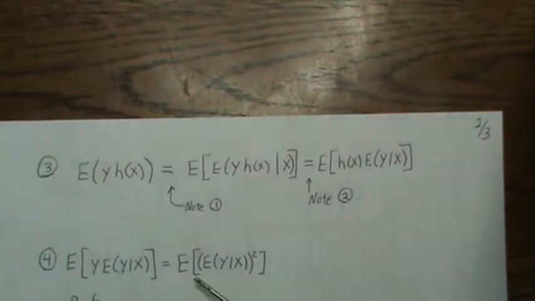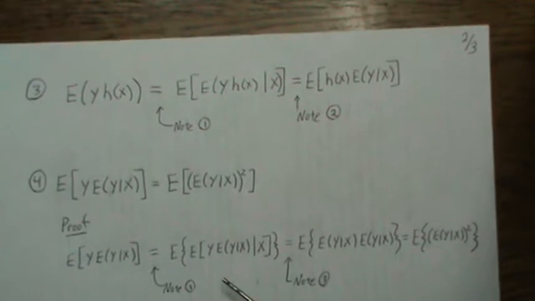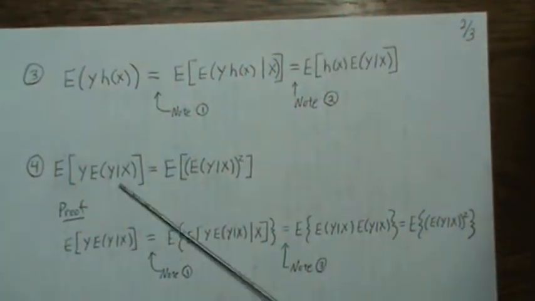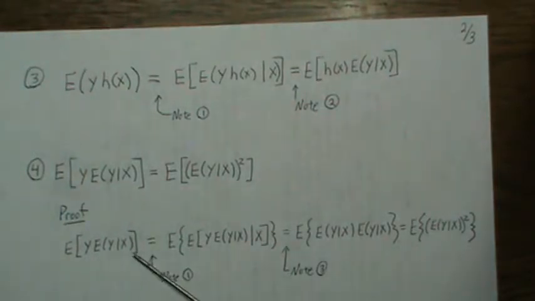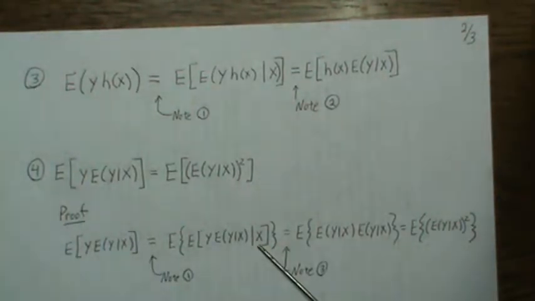And so here we have the expected value of y times the expected value of y given x is equal to the expected value of this quantity squared. So the little proof of that is, we're given this expression, then let's condition on x and take its expected value. So that's what we do here. And then by 1, that's true.